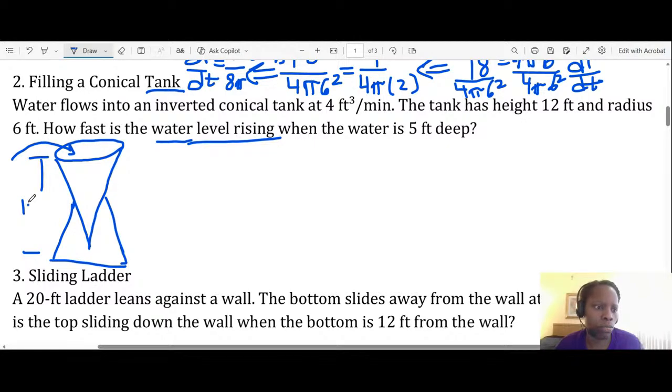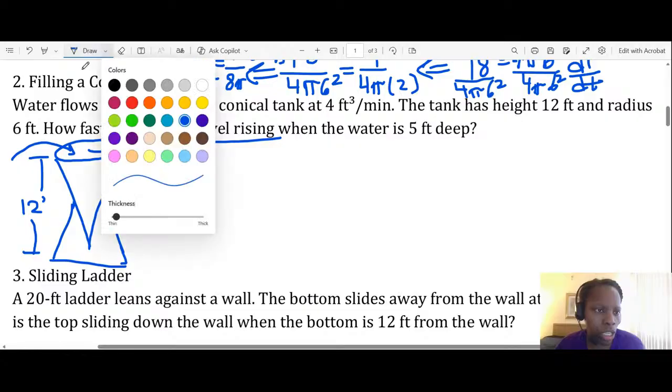It's 12 feet. And the radius, from here out to here, is 6.